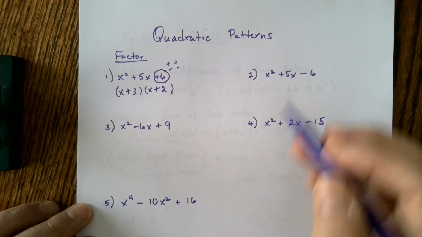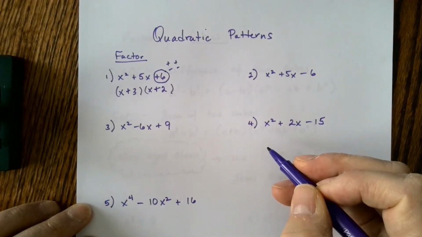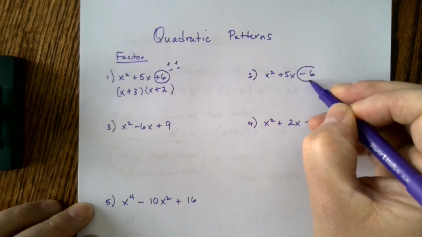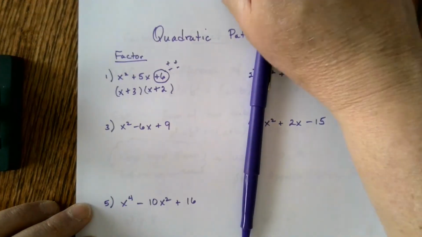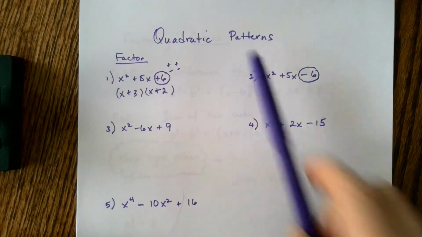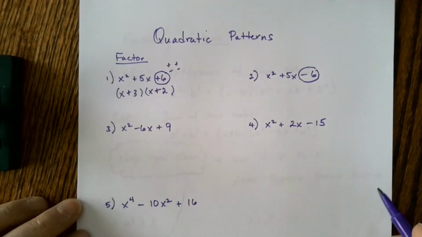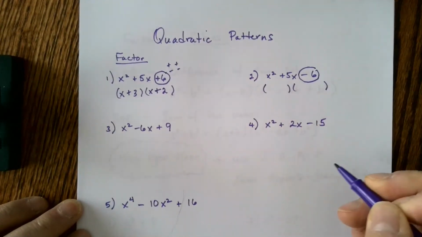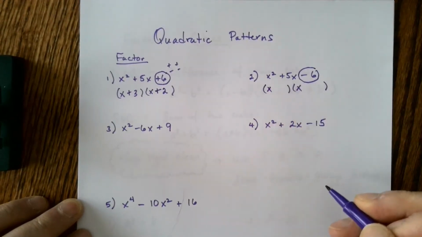Extending that to problem number 2, we have what looks like the same exact problem. However, we notice that our last term is negative. Since the last term is negative 6, we can still break this into two linear binomial factors with our leading term x in both.